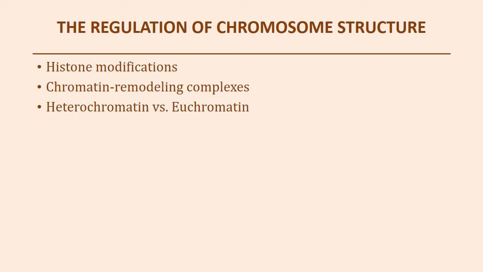In order for us to regulate or modify our chromosome structure, we basically see that we can do what we call histone modification, and we can also use chromatin remodeling complexes.